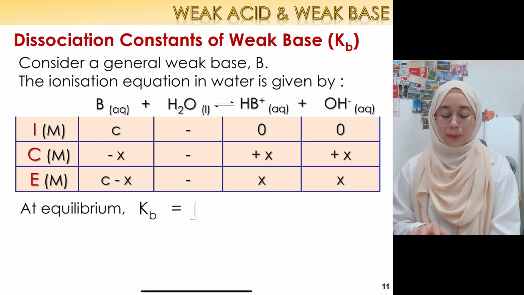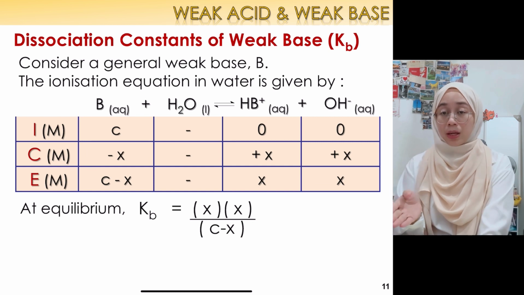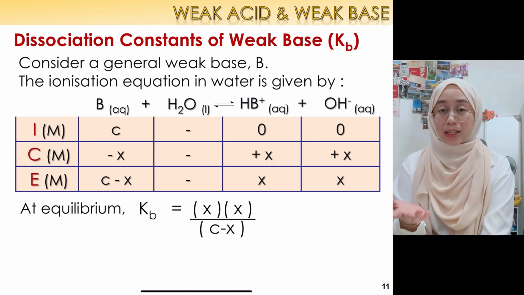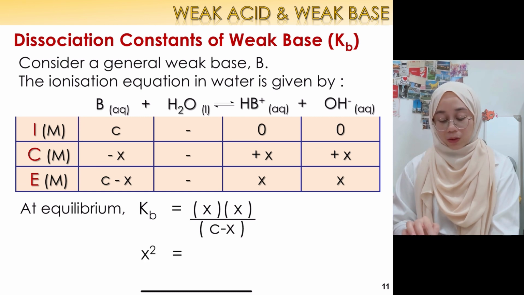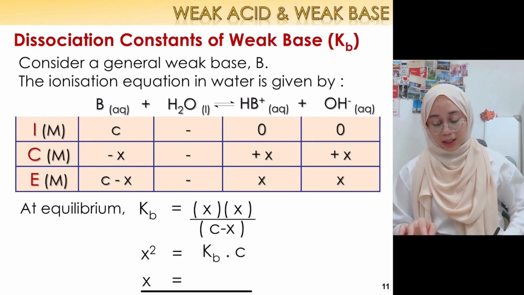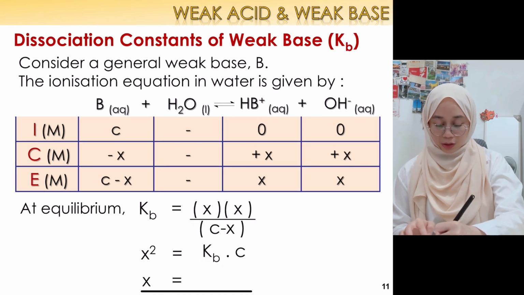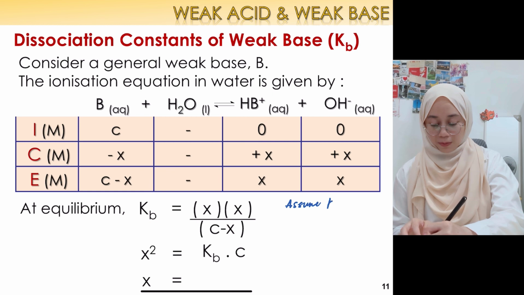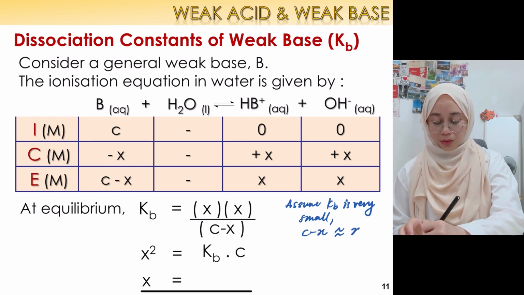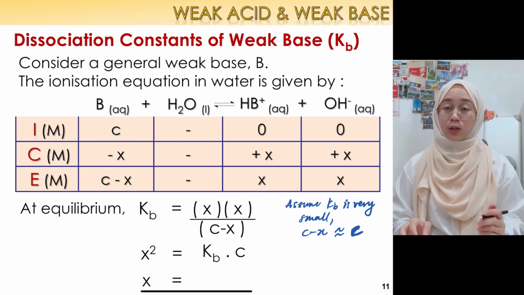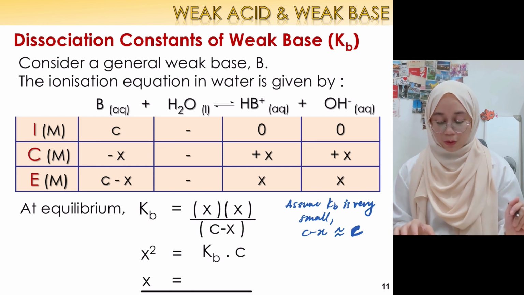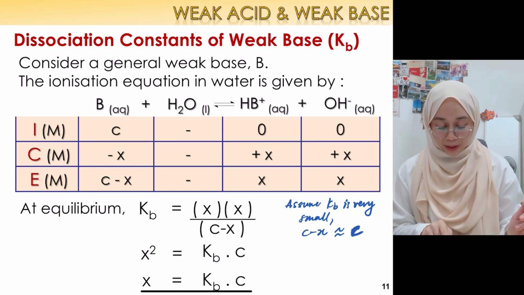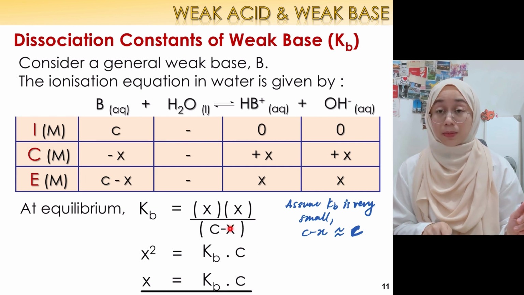Okay, so at equilibrium, if we express the Kb, again Kb, like Ka, is basically how you express your Kc, so you get this. So once again, let's assume that C minus x, since Kb is very small, we assume that the change is very small too. Therefore C minus x is basically equal to C. That is why here you just see C, the C minus x is gone.